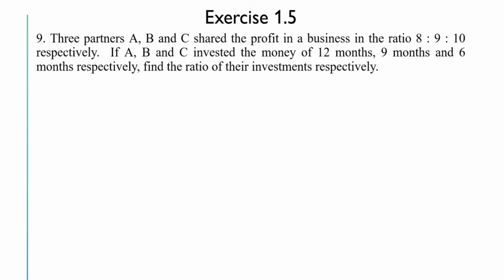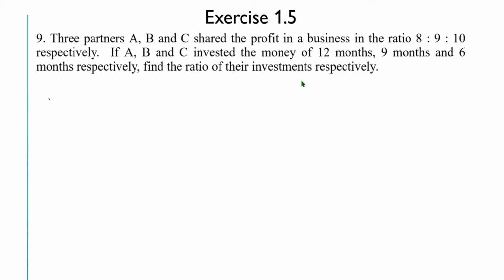The next question in exercise 1.5, the ninth question, is: three partners A, B and C shared the profit in a business in the ratio 8:9:10 respectively. If A, B and C invested the money for 12 months, 9 months and 6 months respectively, find the ratio of their investments.